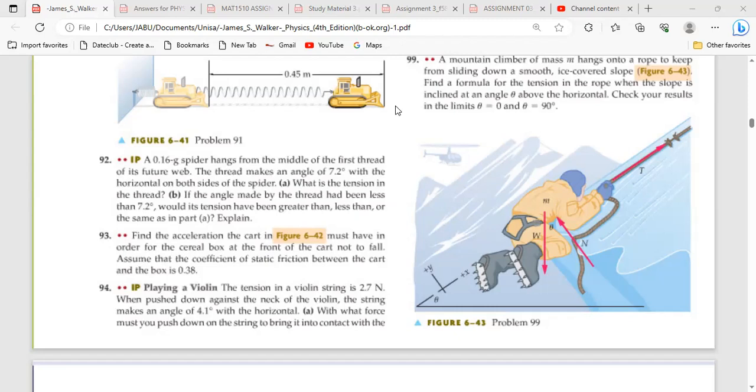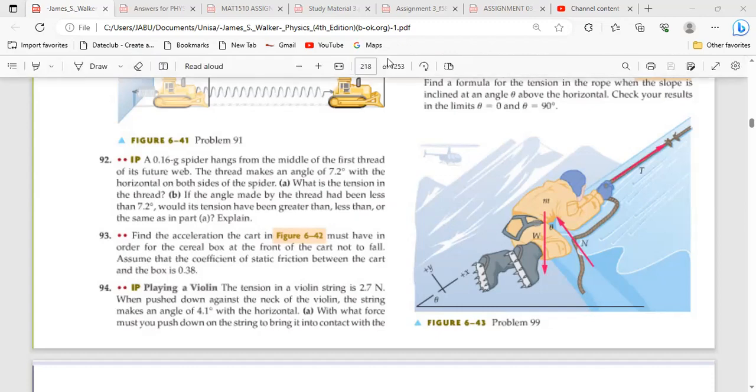The thing about problem 107 is I think it's going to need more than 8 minutes. So what can we do? Maybe we can do problem 8. Let's do problem 8 from the next chapter.